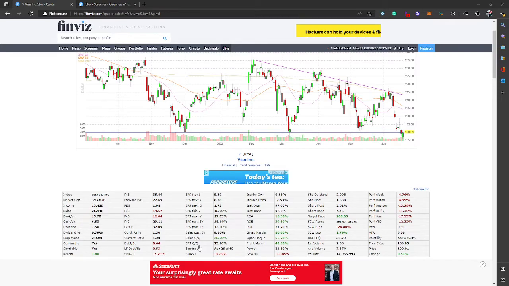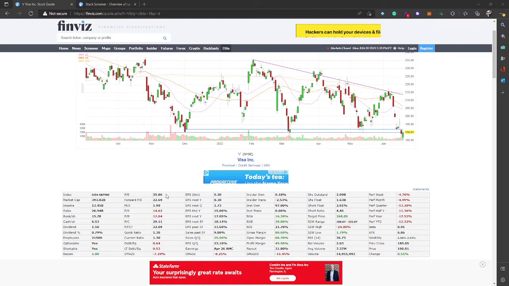Either, like let's say the PEG is 2 right now. Visa goes down $10. The stock goes $10 down. The PE ratio will now be less because it's price over earnings. If it's 180 instead of 190, you're going to get a lesser number. So let's think, 30, right?